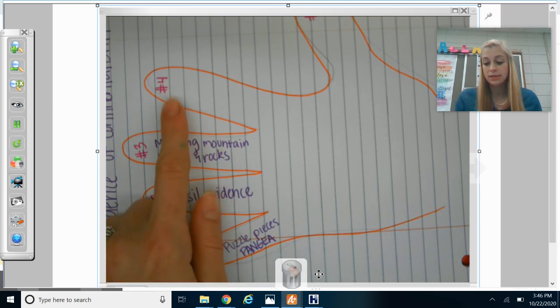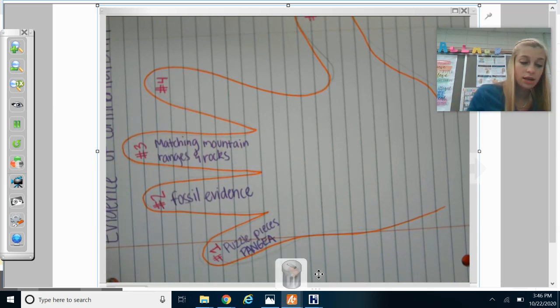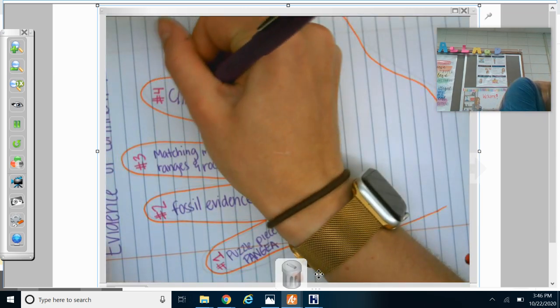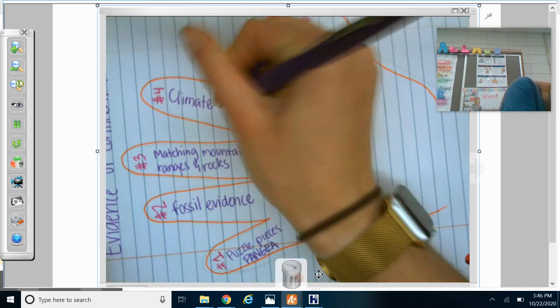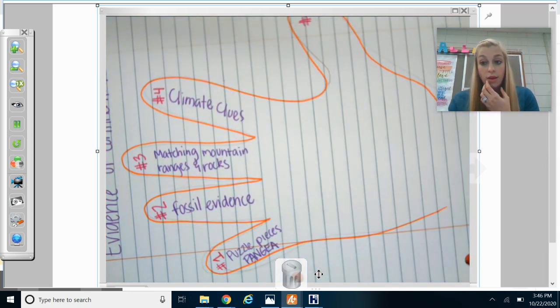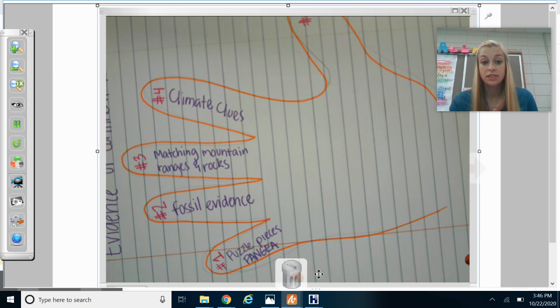The fourth piece of evidence is climate clues. And remember, I picked this one as my most convincing one. I think the fact that there's evidence that there were glaciers in India, Africa, Australia, I think that is really convincing. That's kind of crazy to me.